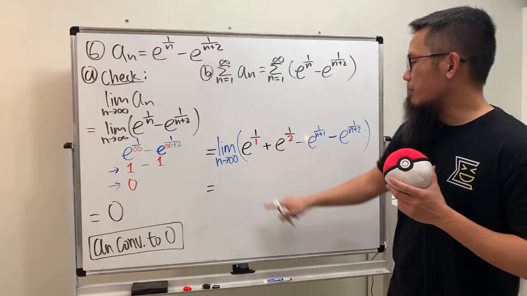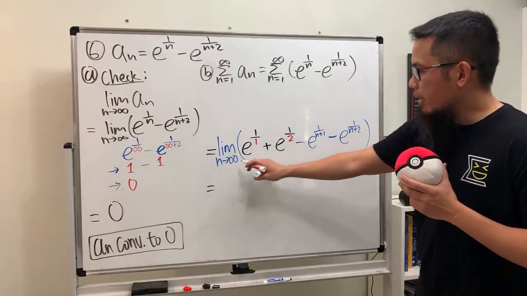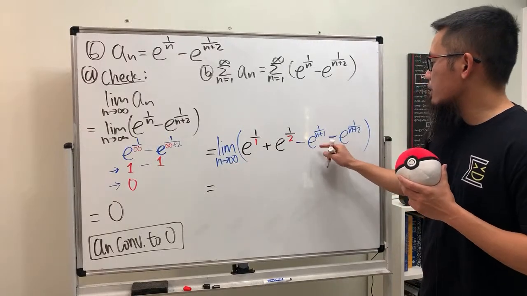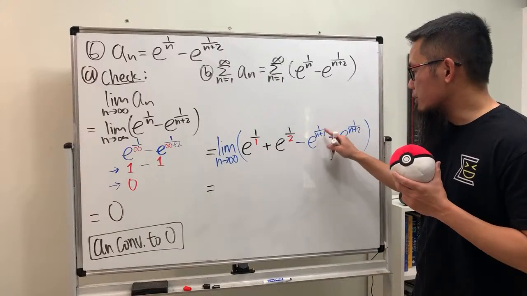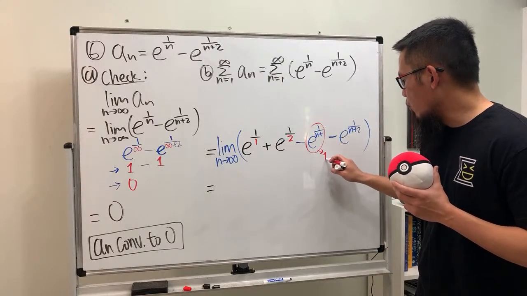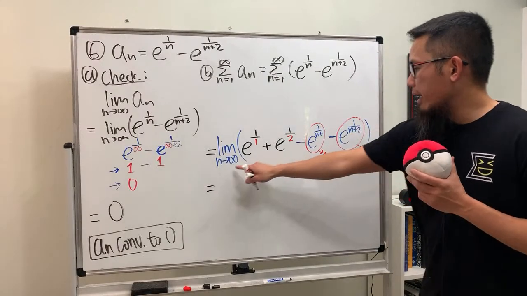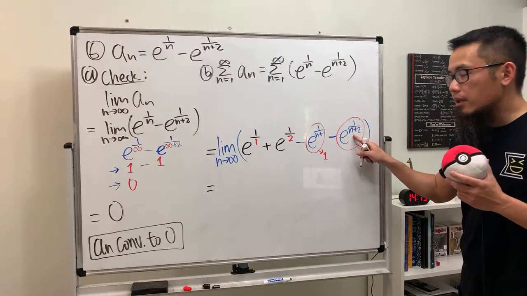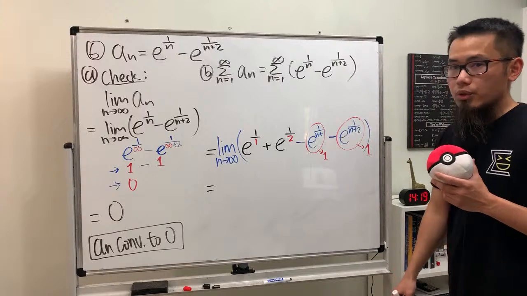This is just a number, this is just a number, but this one, when n is infinity, you put it here, you get e to the 1 over infinity plus 1, which is e to the 0th power. So in fact, this will approach 1. Likewise, this one, when n approaches infinity, is e to the 0, and this will approach 1.